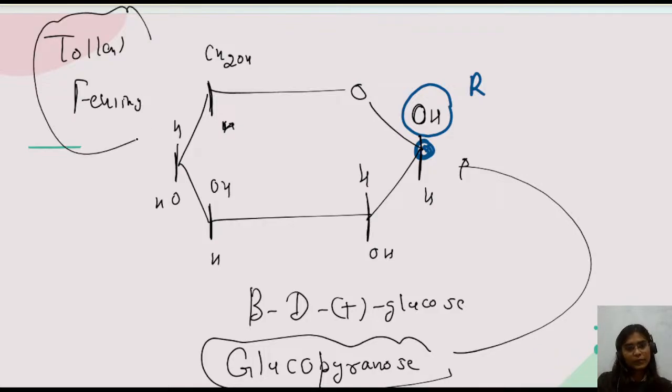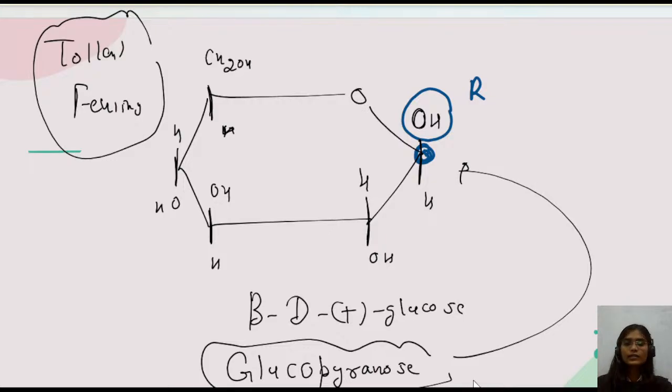Okay, I'm repeating my question. In the last class, we discussed a classification. Alpha means the first carbon, the anomeric carbon, differs in configuration. If alpha means OH on the right hand side, beta means OH on the left hand side. So this is just a kind of configuration.